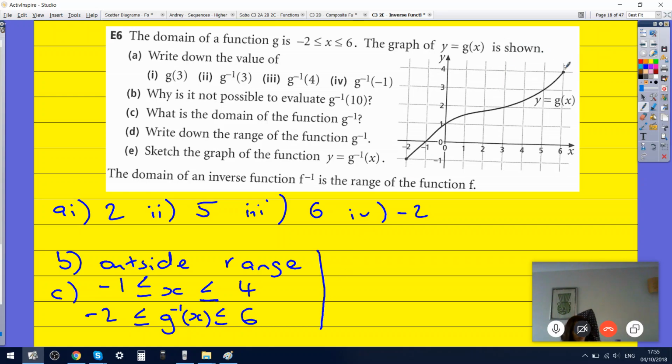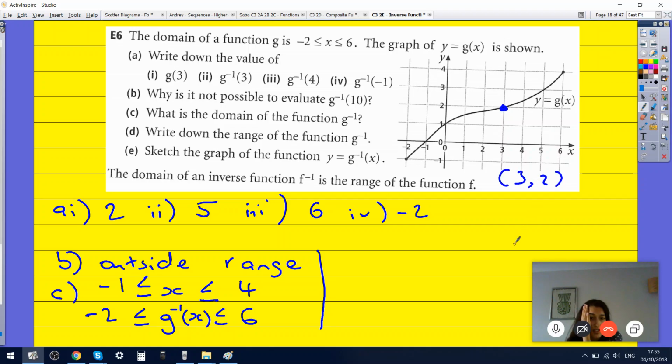So let's say, see this coordinate up here, 6, 4? Yeah. Where would that be on the new graph? Oh, mine's gone. Or I'll take a better one. 3, 2.